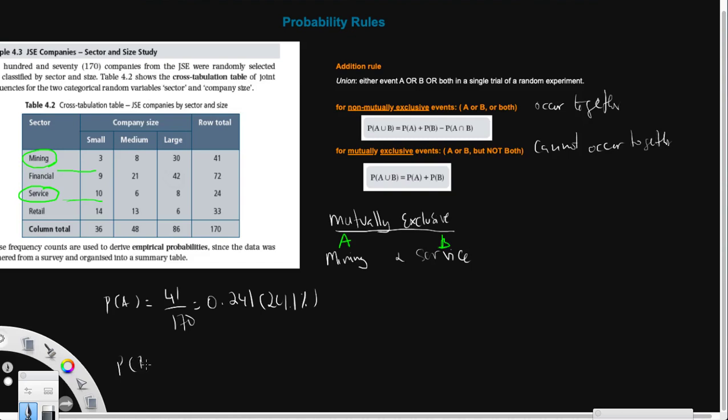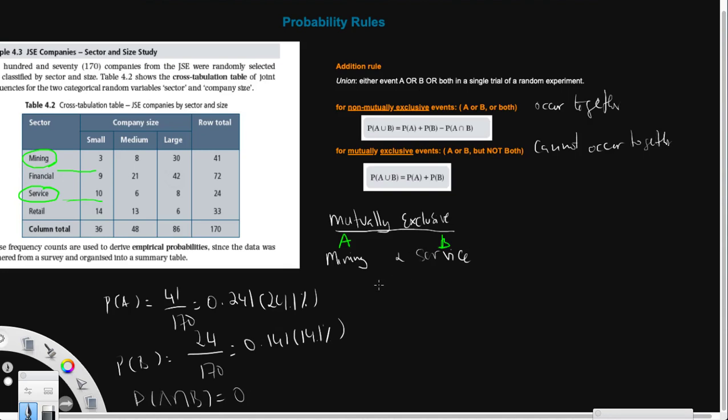And I work out the probability of B, which is service. The total is 24 divided by 170. We get 0.141. Therefore, 14.1%. And since it's mutually exclusive, the intersection is 0.